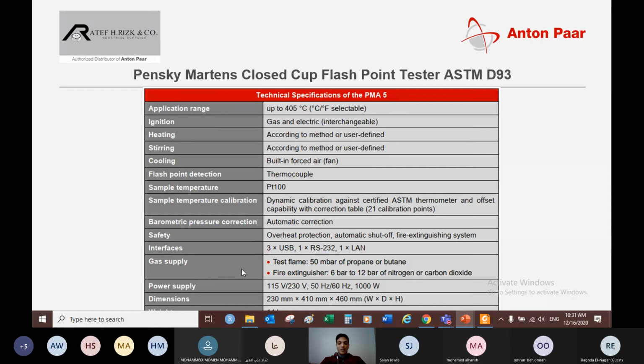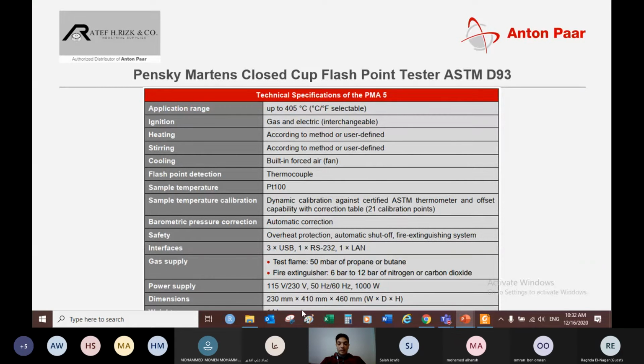And also we have gas supply for the test flame, 50 millibar of propane or butane. We have a fire extinguisher in case of any fire happening. It's 6 bar to 12 bar of nitrogen or carbon dioxide. And the power supply is 115 volt, and the dimensions are as you see here in the specification.